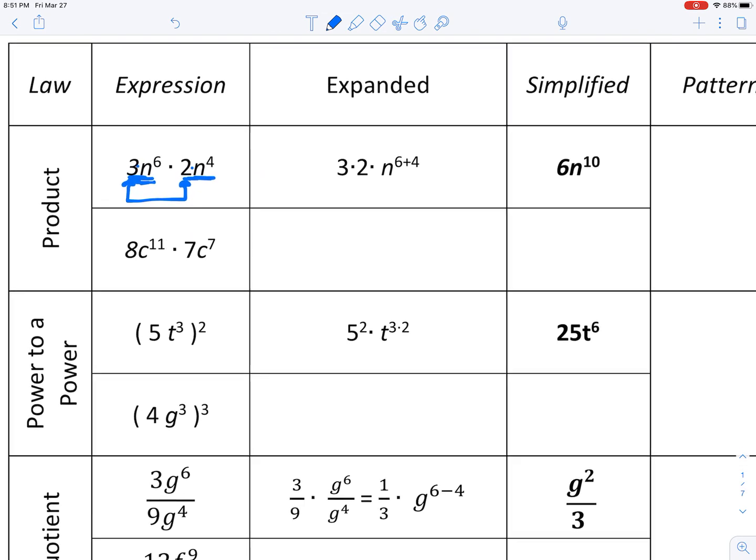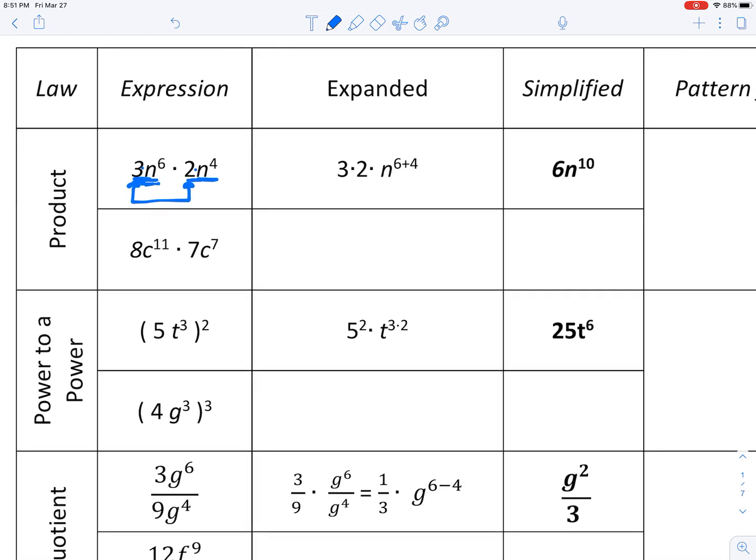So you can rearrange those terms when they're being multiplied because you can commute under multiplication. So the 3 and the 2 can get multiplied, and gather the n's, n to the 6th times n to the 4th. 3 times 2 becomes 6. And n to the 6th plus 4th uses the product law. That's n to the 10th.